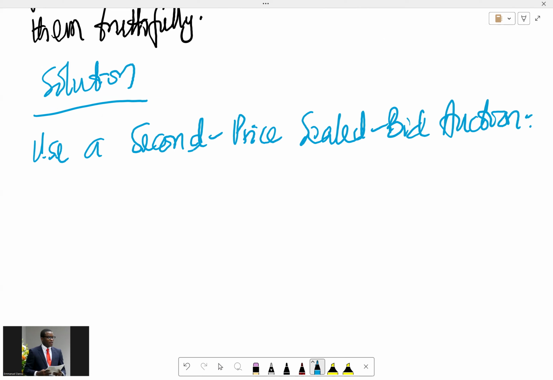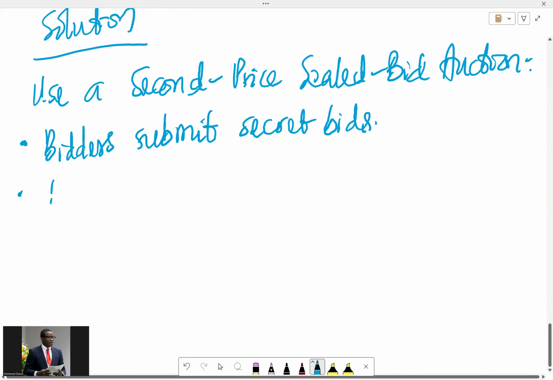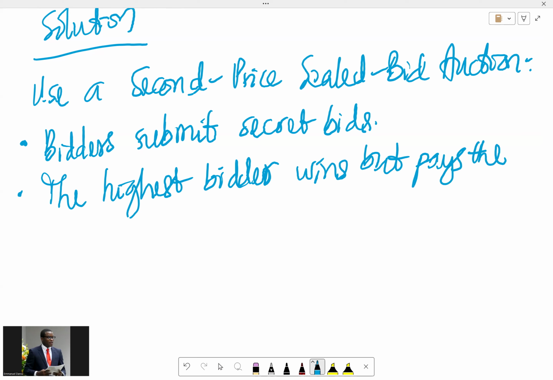Bidders submit secret bids. Then the highest bidder wins, but pays the second highest bid.